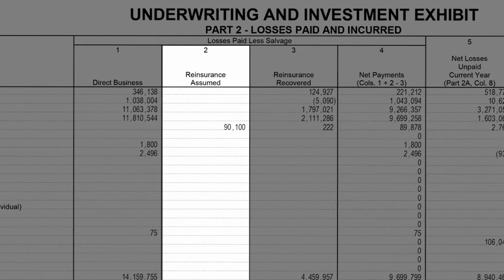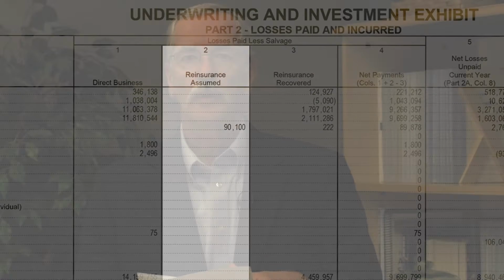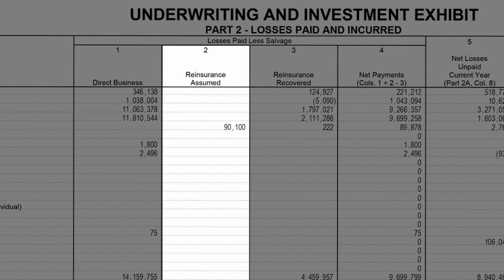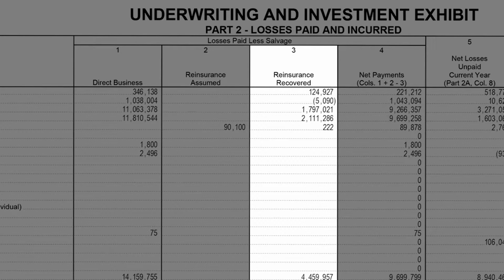When we talked about premium being assumed in Part 1, that was voluntary business that the company would write from another insurance company, and if you paid claims on any of those policies that you had written assumed business for, it would appear in column 2. Column 3, reinsurance recovered.